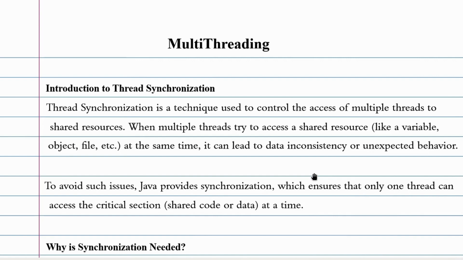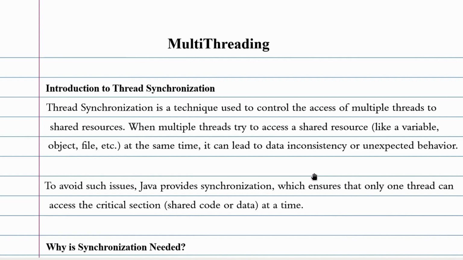If we start multiple threads at the same time, then we don't know what output we will get. Let's take an example. We have three threads, thread 1, thread 2 and thread 3. The task of the three threads is to print the table of 5, 10 and 15.